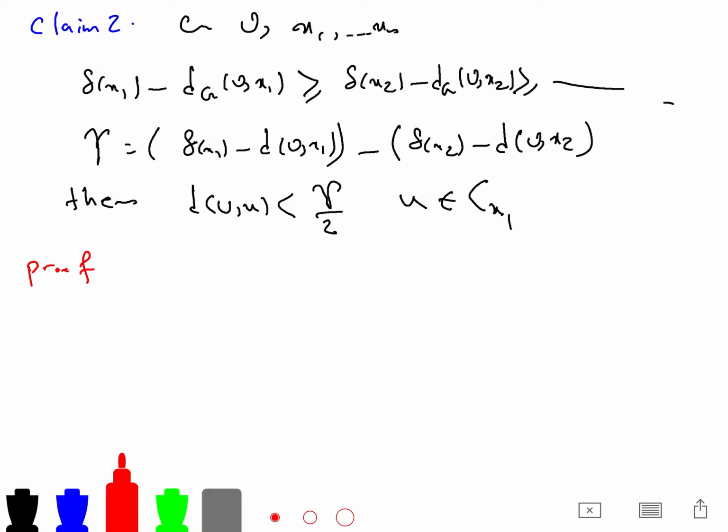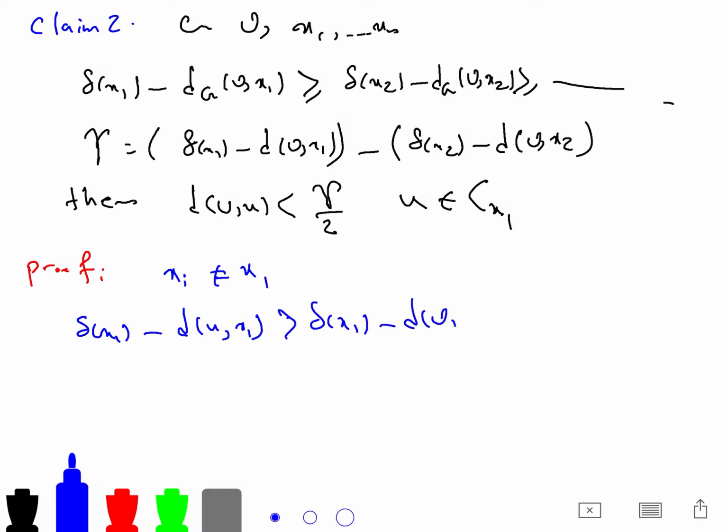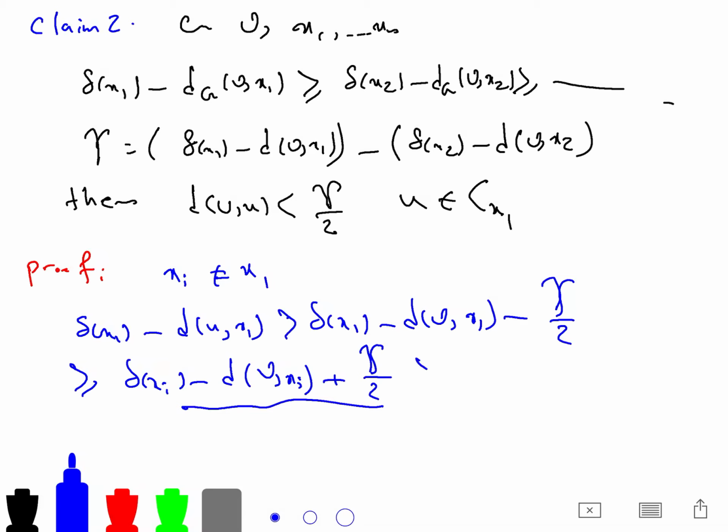And the proof is just one line: for every center xi not x1, it holds that delta x1 minus d(u, x1) is greater than delta x1 minus d(V, x1) minus gamma over 2, and this is greater or equal to delta xi minus d(V, xi) plus, using the ordering of delta xi minus d(V, xi), I use this, and this is greater than delta xi minus d(u, xi), and in particular, u is in Cx1.